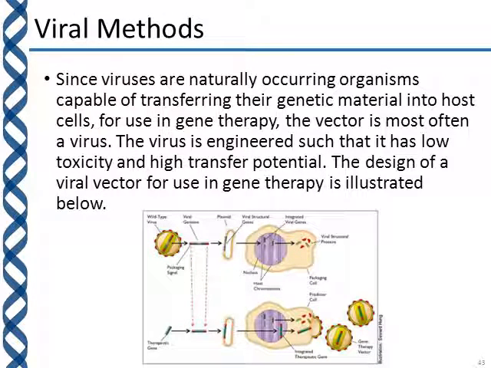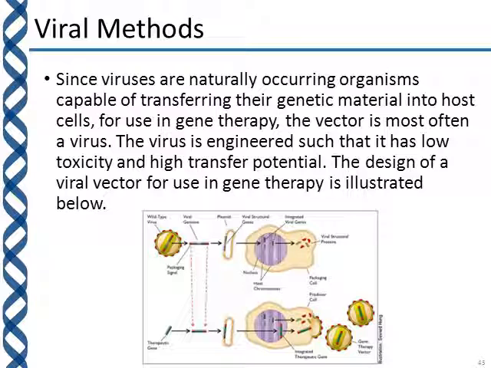For viral methods, since viruses are naturally occurring organisms capable of transferring their genetic material into host cells, for use in gene therapy the vector is most often a virus. The virus is engineered such that it has a low toxicity and high transfer potential.